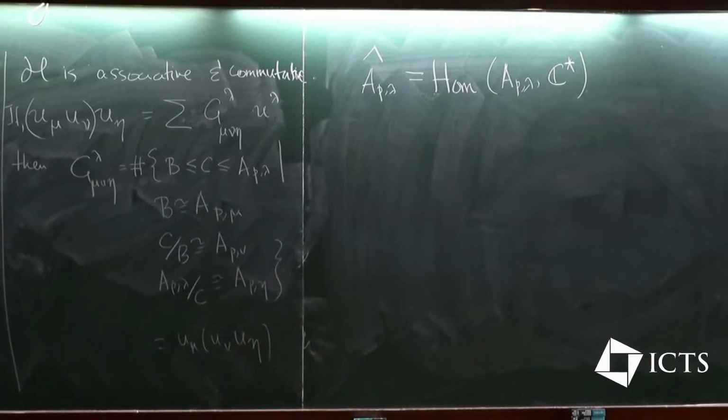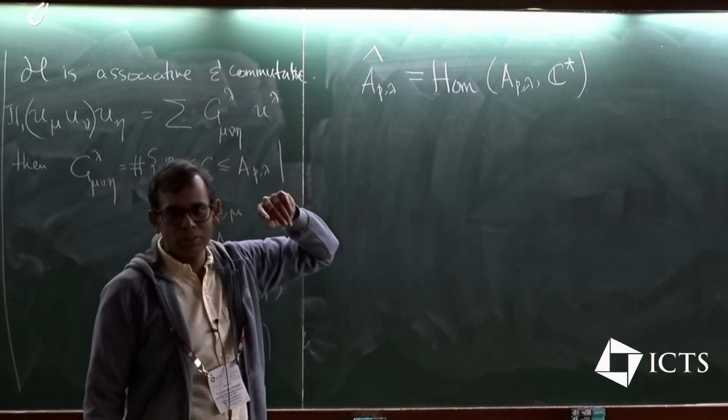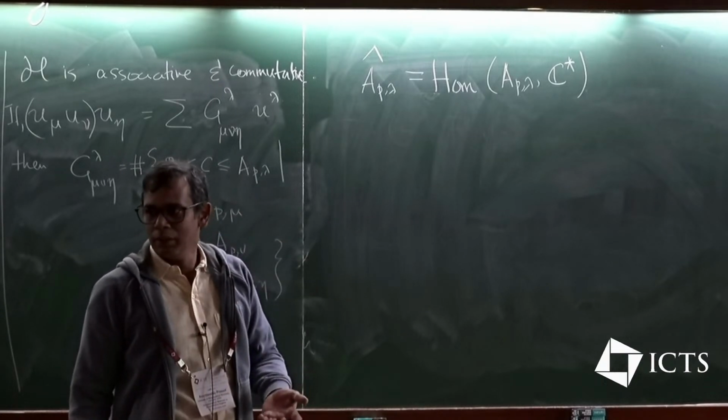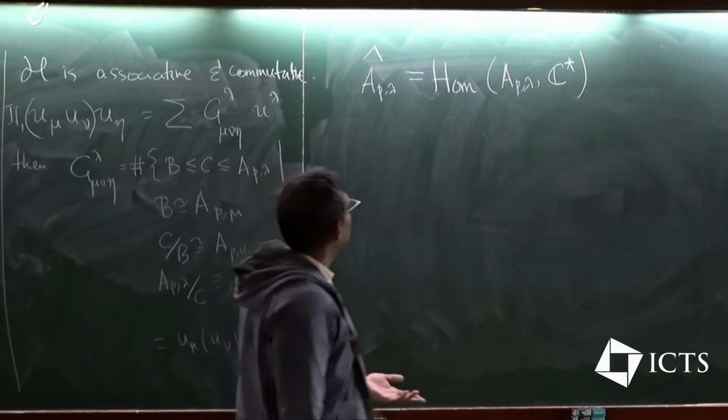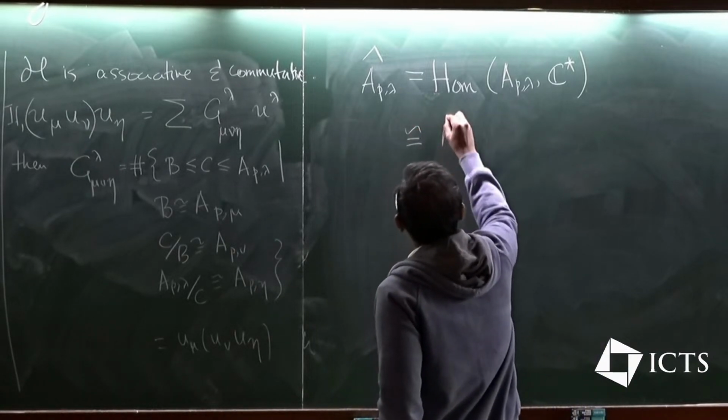For a cyclic group, it's easy to see that the Pontryagin dual is isomorphic to the group. And so using that, you can show that every finite abelian group is isomorphic to its Pontryagin dual.